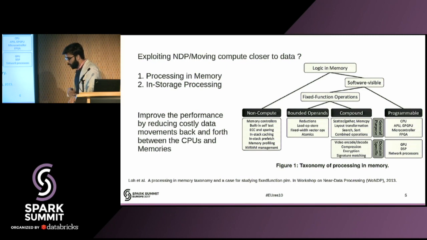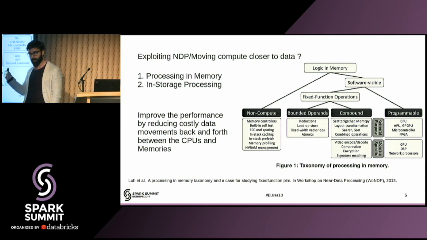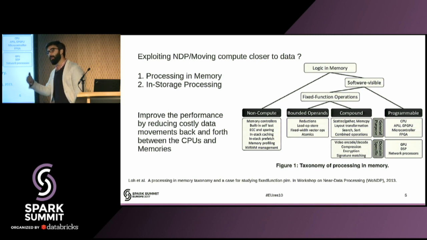So what is near data processing? The idea is that you are moving compute to the data. The general way of doing things in von Neumann architectures is that you bring the data to the caches, and from the caches you bring the data into the registers, and then in the execution units inside the cores you do the computations. And then you finally move the results back to the main memory or to the hard drive.